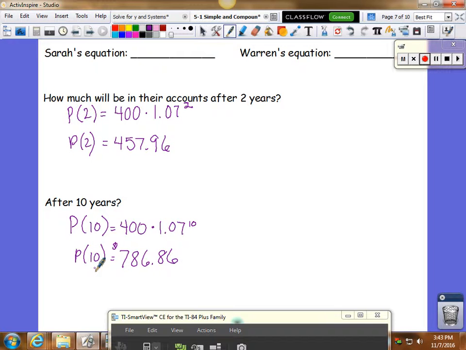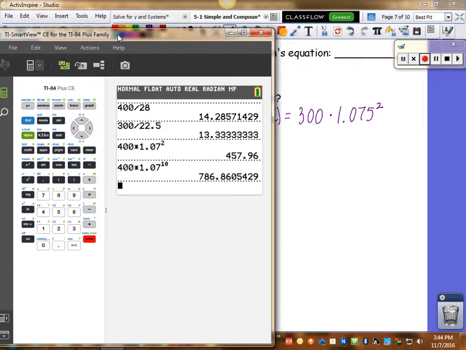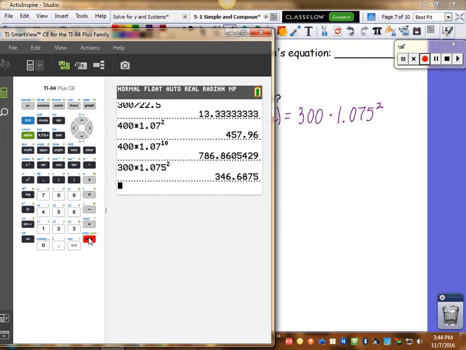Okay, if we do this same thing for Warren, P of 2 equals 300 times 1.075 to the 2nd power. $346.69.